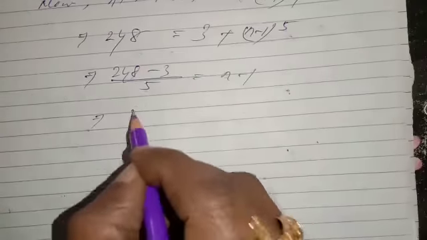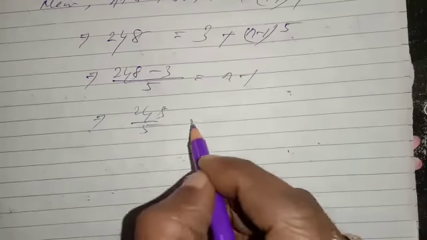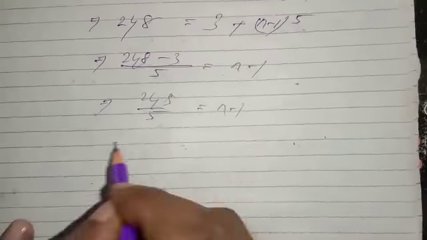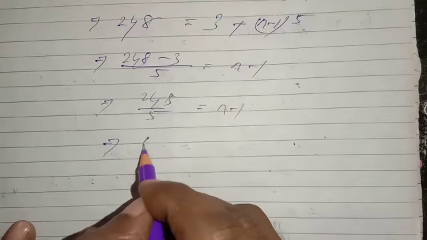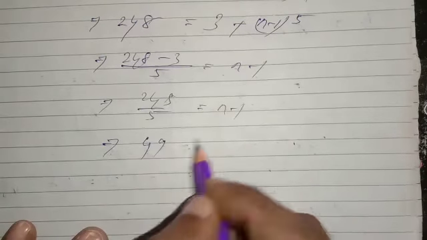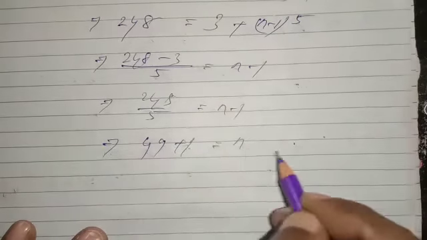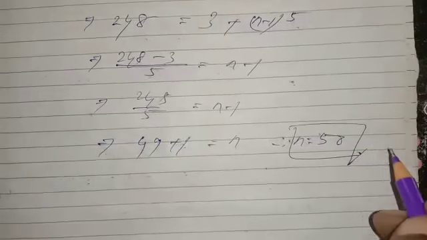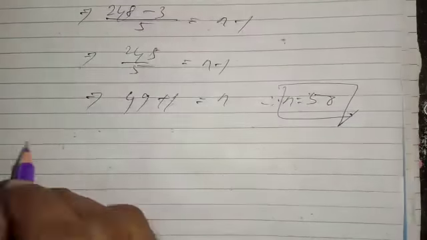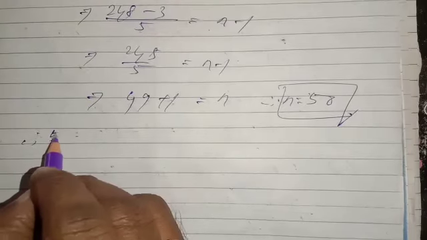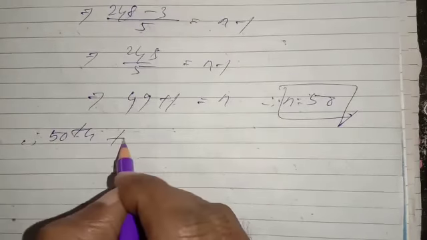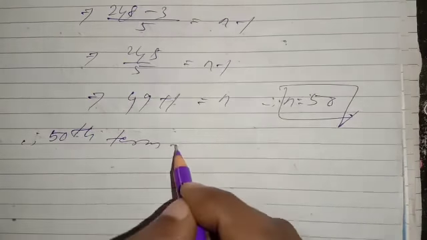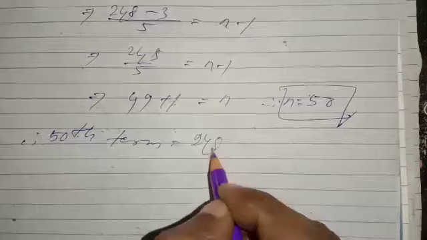This is coming 245 by 5 is equal to n minus 1. Now divide: 5 4 is 20, 5 9 is 45, so 49. Minus 1 bring this side, n equal to 50. Therefore, which term is 248? Therefore, the 50th term is equal to 248.